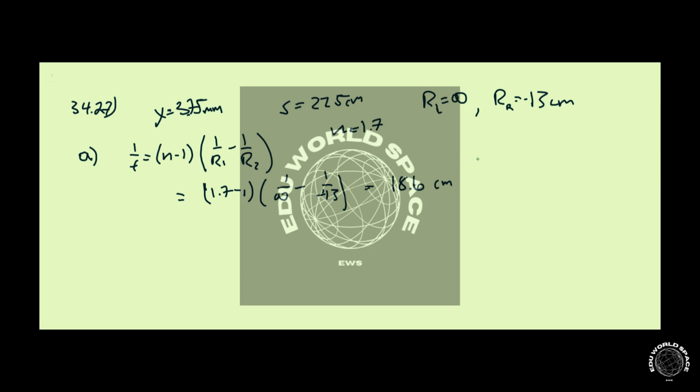So now we can plug this into our thin lens equation that we've used many, many times, and rearrange for the value we are trying to get. We know S, so we're trying to get S prime.